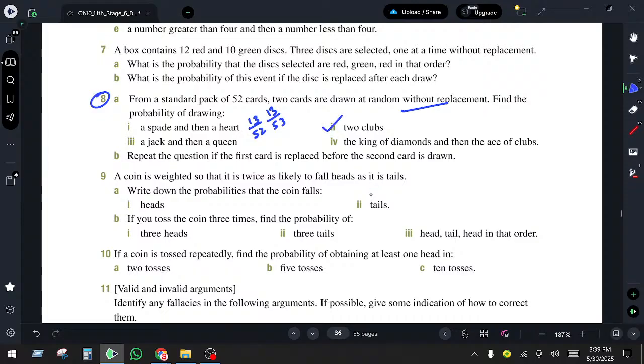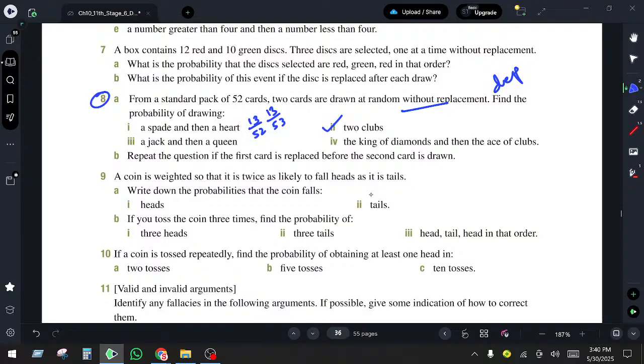Now please tell me the answer for the second one. Wait, no, it's not 1 over 16, is it? Why? Because it's without replacement. Without replacement means they are not independent, they are dependent.